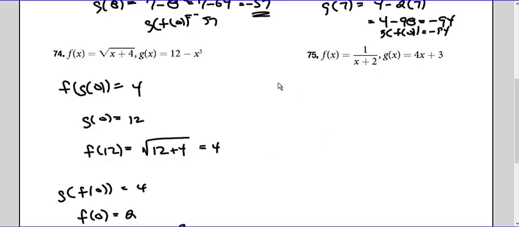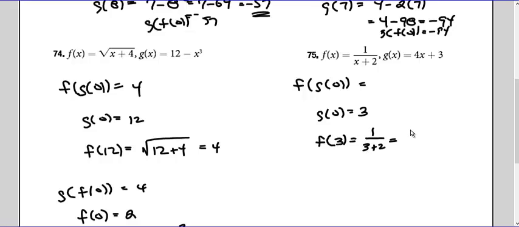Okay, last one here. We want f of g of 0. So we're going to do g of 0, which is 3, because that goes to 0. Then you're going to do f of 3, which is 1 over 3 plus 2, which is 1/5. And so that's 1/5.